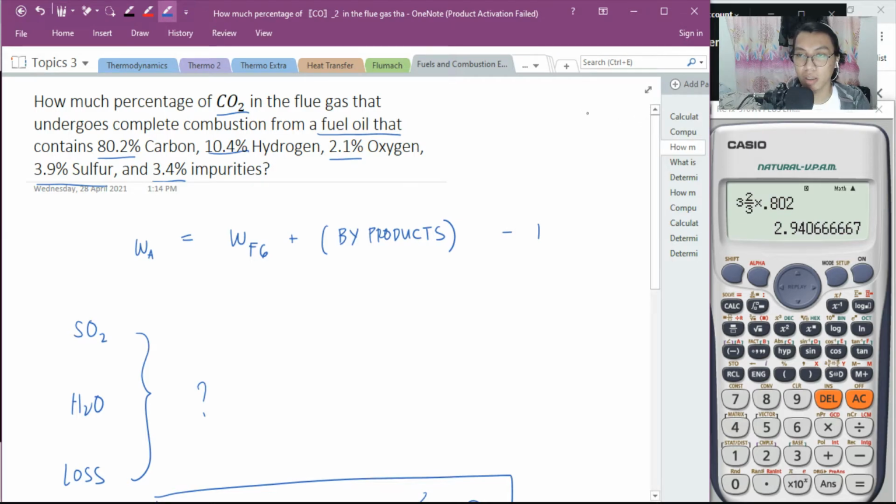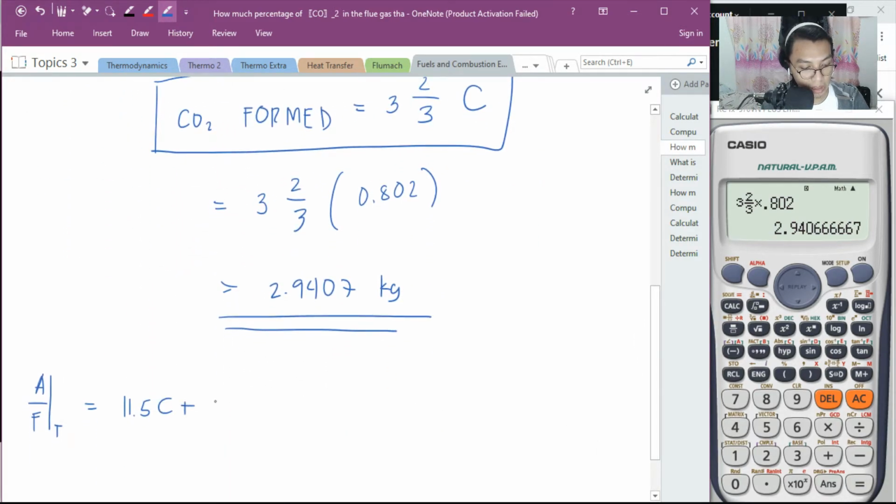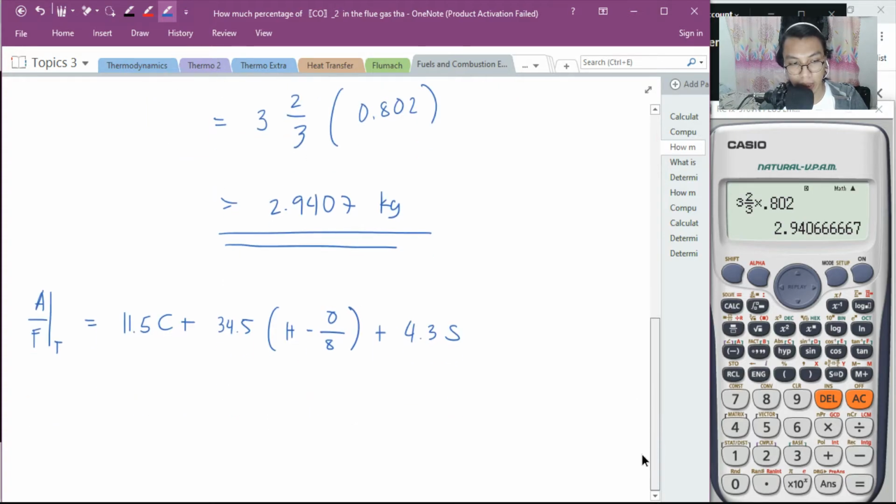Okay? That is 11.5 nung C plus 34.5 nung H minus O divide by 8 plus 4.3 nung S. Kunin mo muna yan.